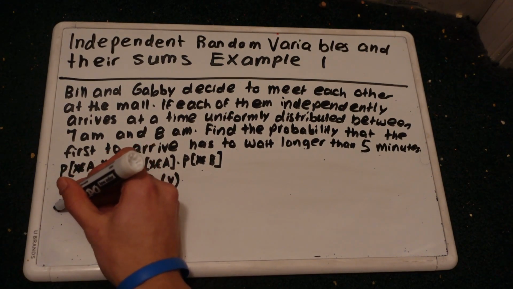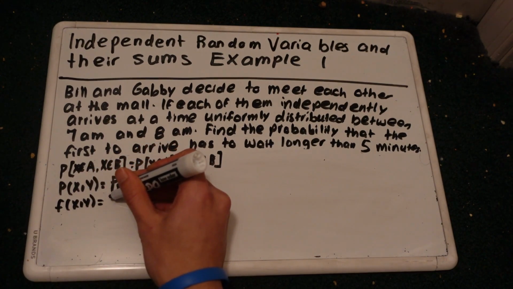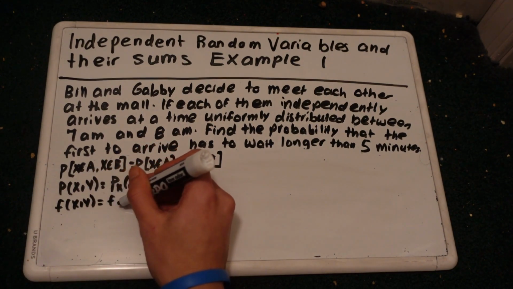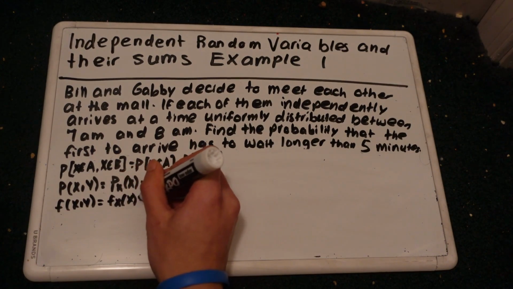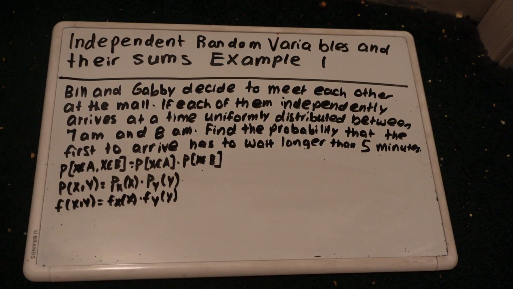So let me write down the continuous. Let's denote f of x,y is equal to f of x times f of y, if x and y are independent continuous random variables with density functions f of x and f of y. It's a joint density function of continuous independent random variables.